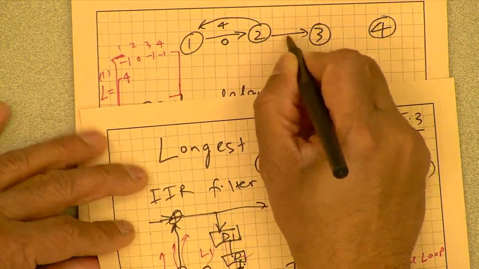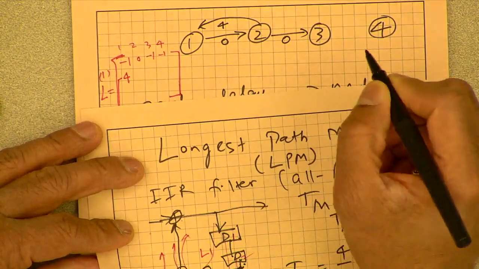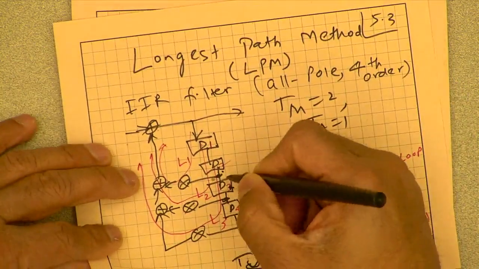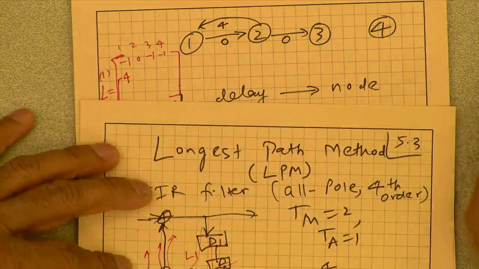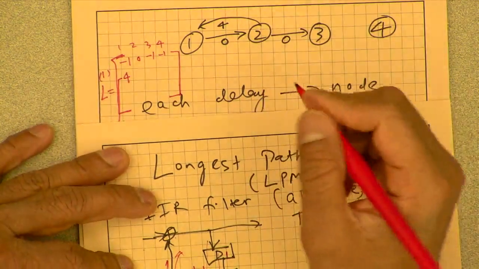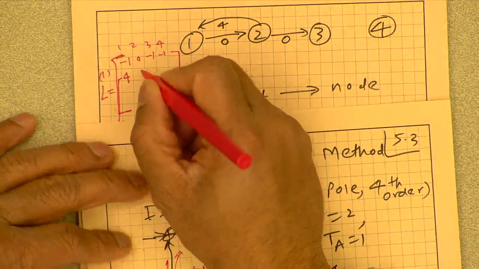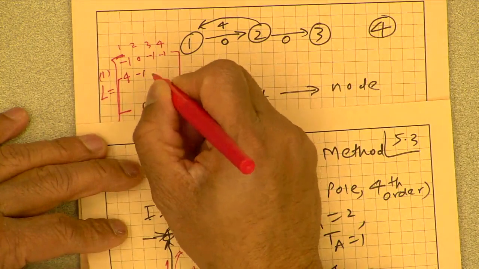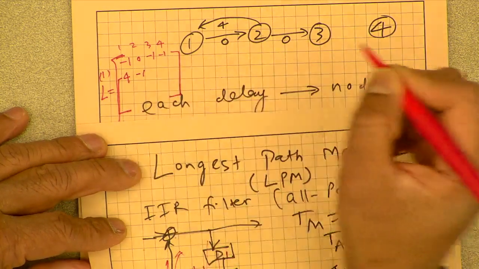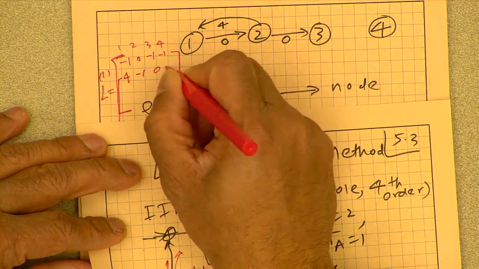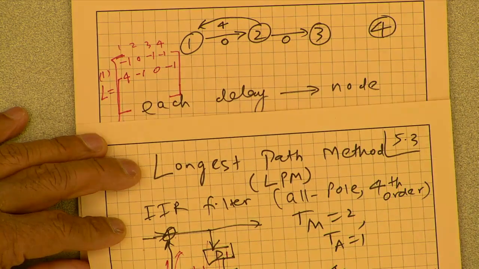So 2 to 3 is 0. 2 to 4, you can go 2 to 4. So 2 to 2 you can't go. So 2 to 2 is -1, 2 to 3 is 0, 2 to 4 is -1.